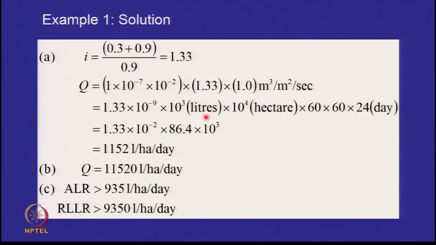And this whole thing, if you want to convert it into a hectare, you have to multiply 10 to the power of 4. And if you want to convert it into a day, 60 seconds, 60 minutes, 24 hours. Is anybody able to give me a value here? What is the value that you get in liters per hectare per day?